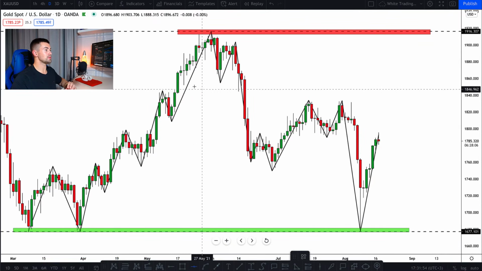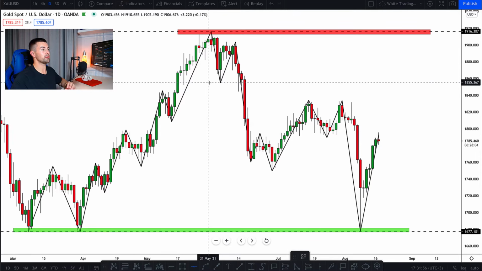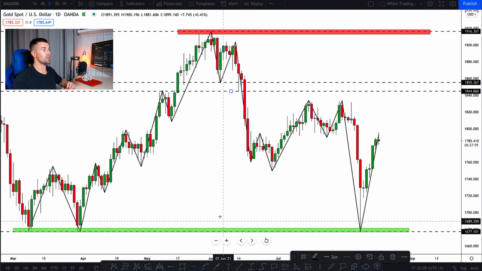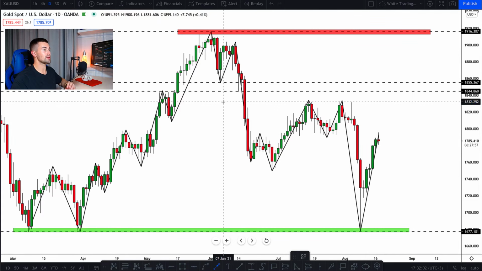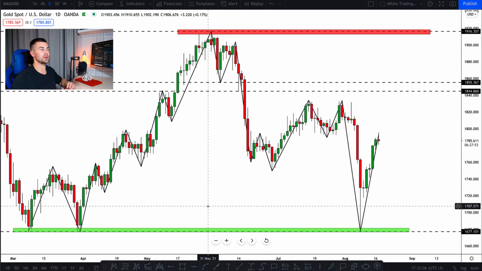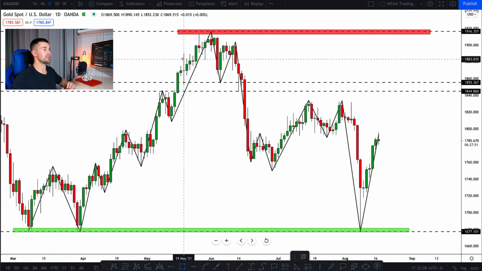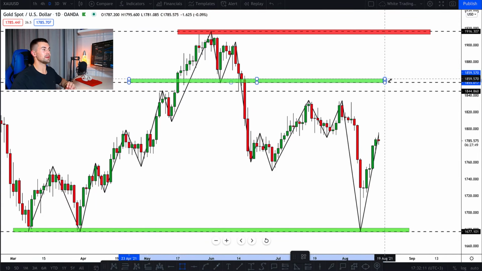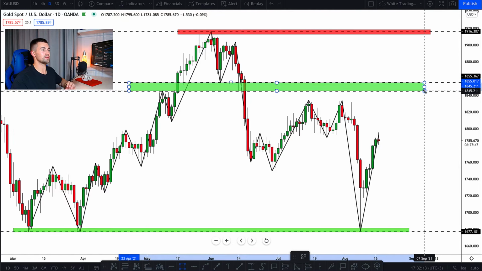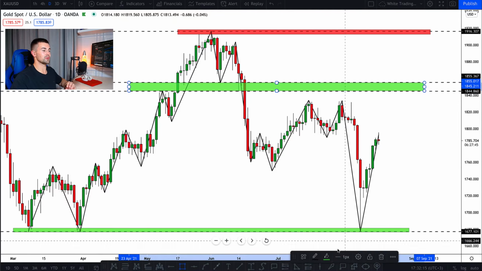As you can see, first of all, we have a very interesting point right here. We have this point, this point, and also the wick right here. It looks very peculiar, and definitely in my view we must consider that structure. It must be our strong structure resistance.